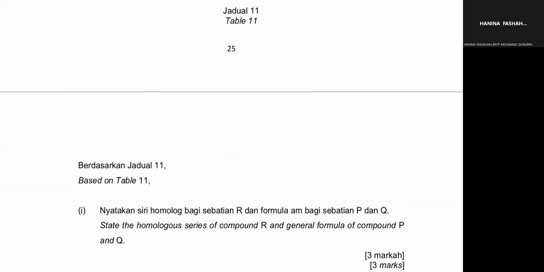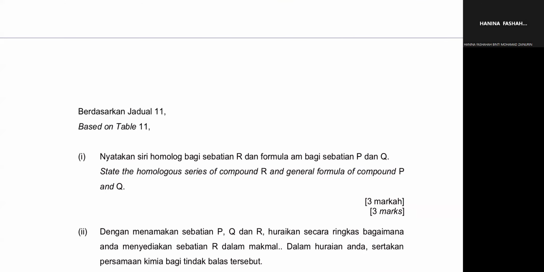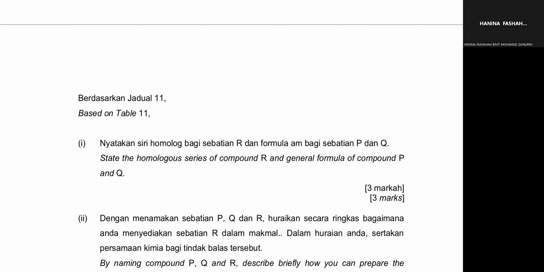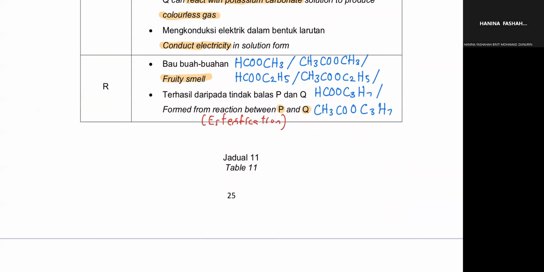State the homologous series of compound R and the general formula of compounds P and Q. R is ester, P is homologous series CnH2n+1OH. Acid, Q, means CnH2n+1COOH. Next, the second, you can look at here.